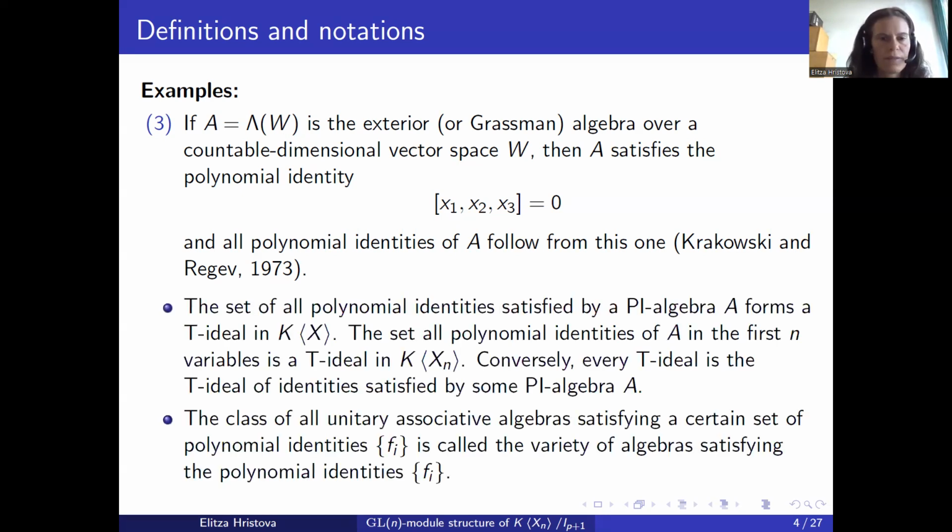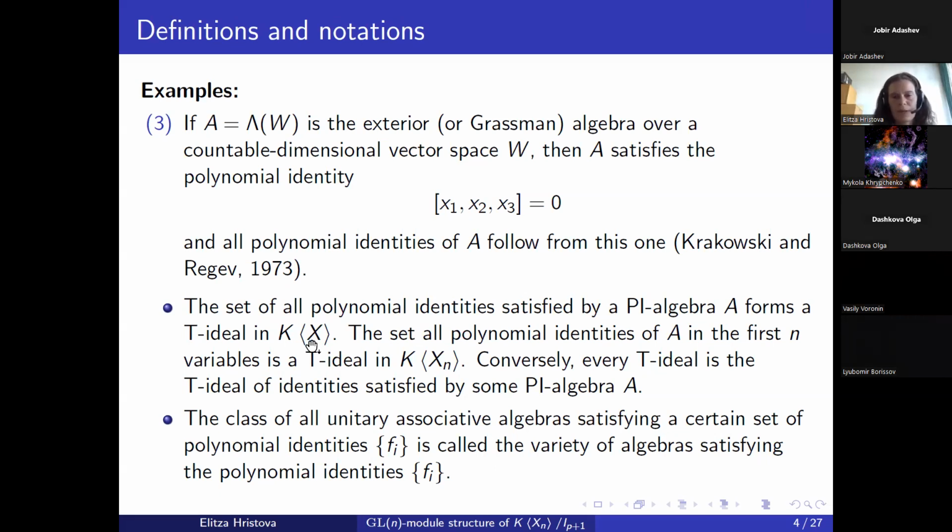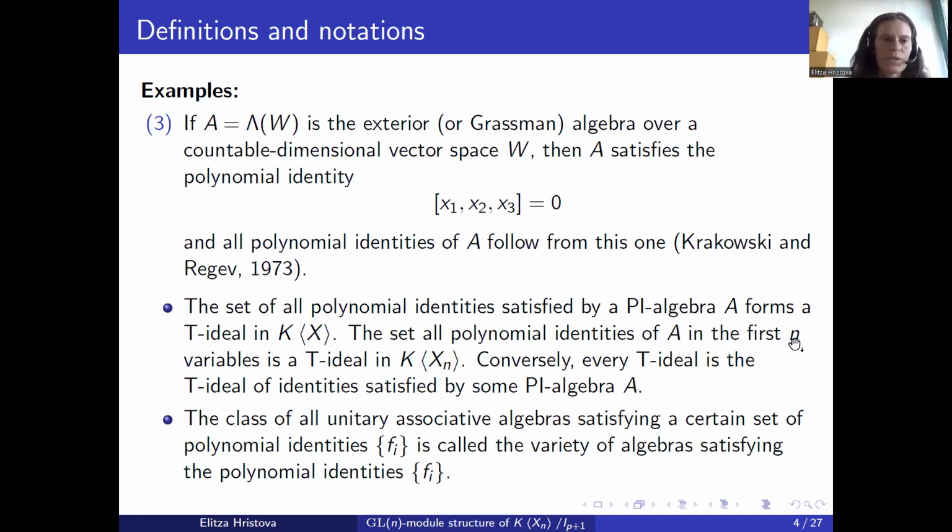Okay, and then we now want to see what is the relation between PI algebras and T ideals, and it is the following. It is straightforward. The set of all polynomial identities which are satisfied by a PI algebra A form a T ideal in K of X. And if we take only the polynomial identities in the first n variables, then we get a T ideal in the algebra K of Xn, which is generated by the set x1 to xn.